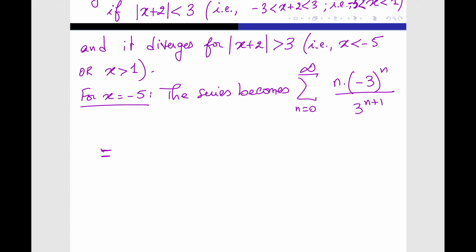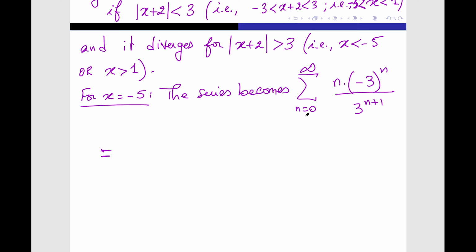If you simplify by 3 to the power n, you have -1 to the power n upstairs, times n, and the 1/3 you can push outside the summation, because 3 has no more n anymore.